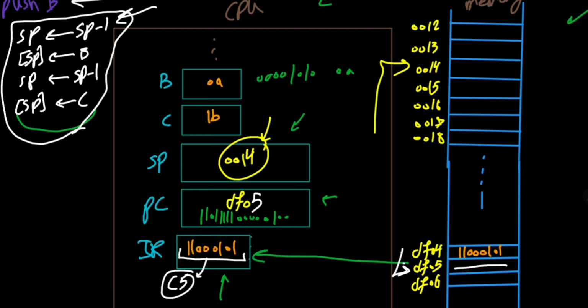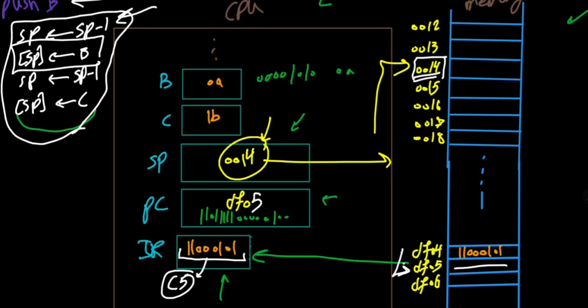This value would be put on the address bus of the CPU, which I haven't shown here for simplicity. This value therefore would choose the 0014 memory cell. Right now this memory cell has been selected. The exact timing diagrams would be explained later, but right now the 0014 memory cell has been chosen. Next, B should go to whatever SP is pointing to.